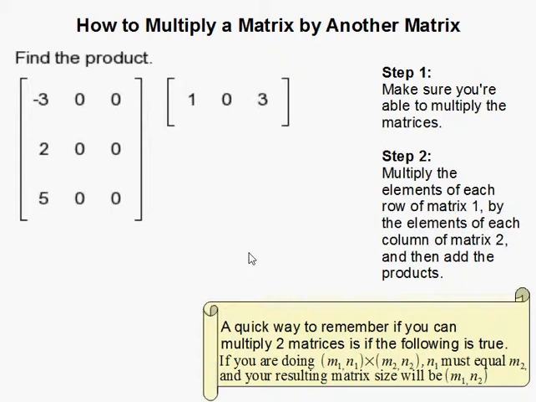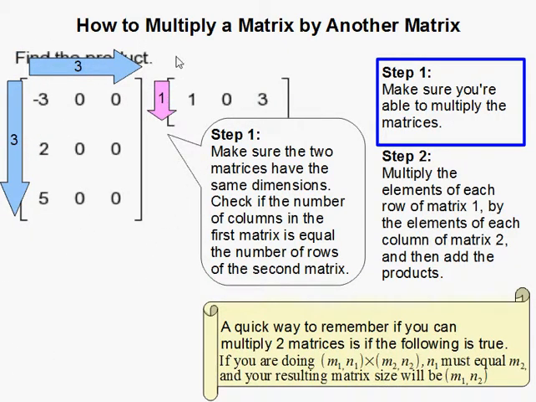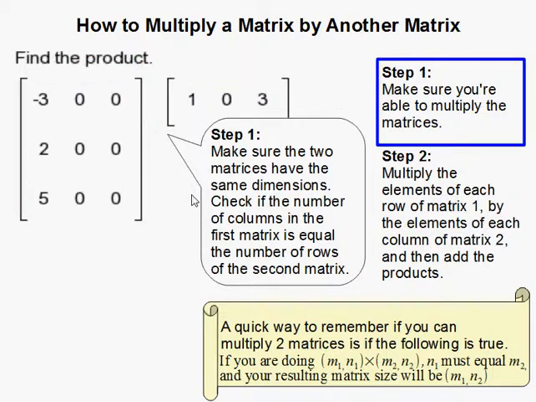So our next one, let's see if you remember. The first thing we do is make sure we're able to multiply them. This one is a 3 by 3, 3 rows by 3 columns, and this is a 1 by 3. Some people might get tricked by this and think, oh yeah, I can do it, but actually you cannot.